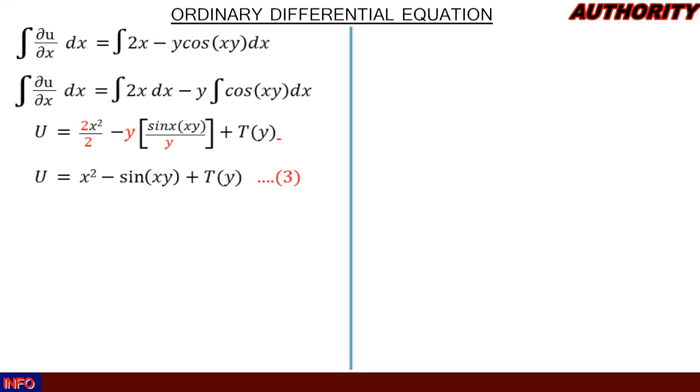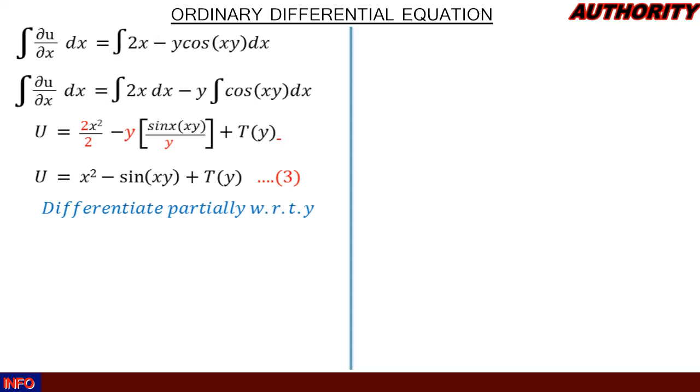Okay, so that means the work we have to do now is to find t of y. So what are we going to do? Follow me gradually. We are going to differentiate this u partially with respect to y because we are looking for the constant t of y. Follow me, we are going somewhere.